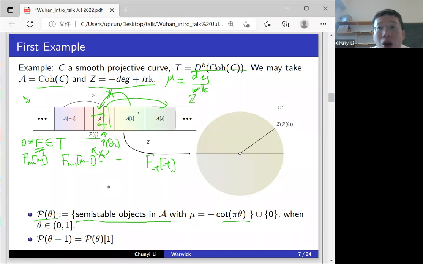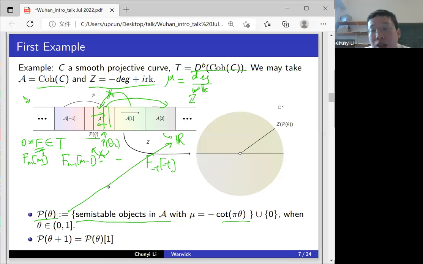You cut the whole category into Z boxes like that. By giving this actual slope function, you can cut it into a finer slicing, so that the whole triangulated category is cut into R slices. So that's the P(θ) given.